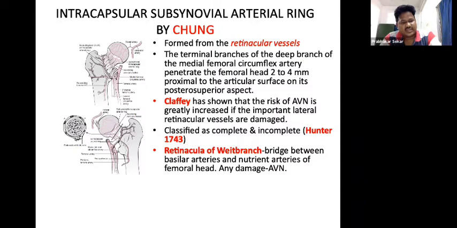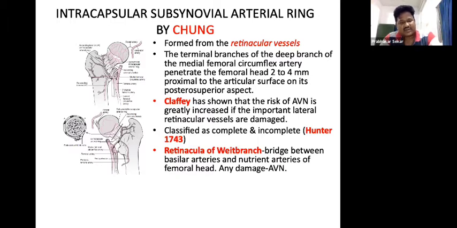In femoral neck fractures, there may be subcapital, transcervical and base cervical. Suppose the fracture occurs at the subcapital, along the posterior-superior aspect, the vessel gets damaged. So it goes for 100% AVN. Claffey has also shown that the risk of AVN greatly increases if that vessel gets injured.